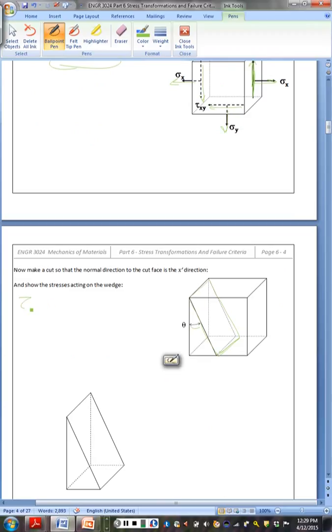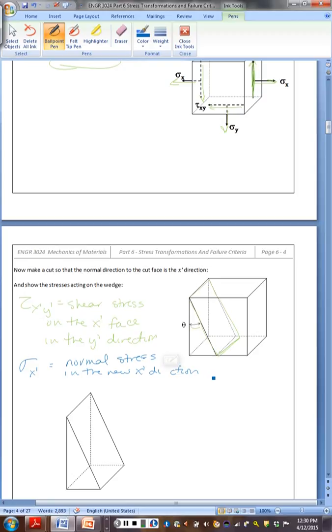So our tau x prime y prime is going to be defined as the shear stress on the x prime face in the y prime direction, and likewise the sigma x prime is the normal stress in our new x prime direction.